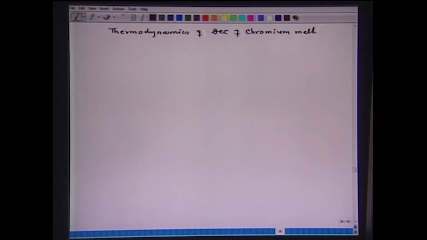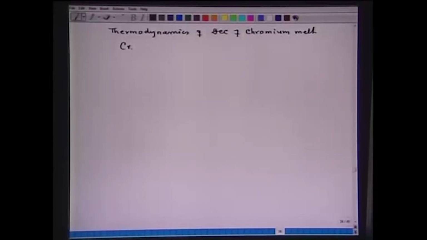What we are doing now? We are trying to arrive at the conditions under which carbon oxidation will proceed or chromium oxidation will proceed. So, chromium oxidizes to Cr2O3 or Cr3O4. Now, let us take it oxidizes as Cr3O4, and we write down the reaction: Cr3O4 plus 4C equals 4CO, the gaseous phase, plus 3Cr.